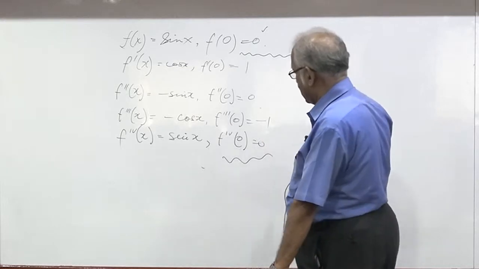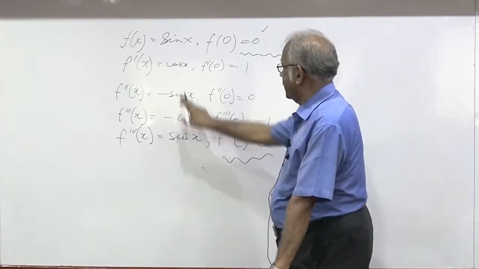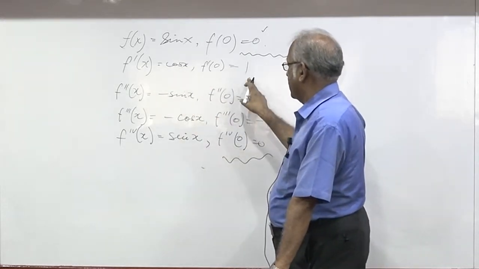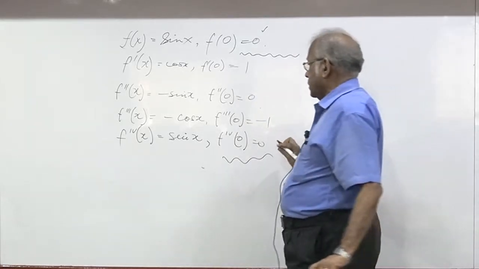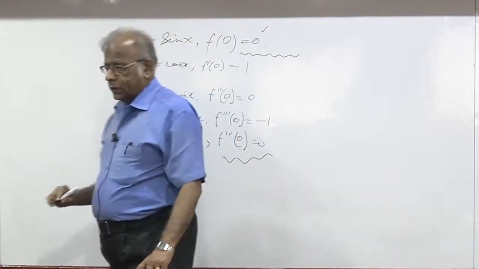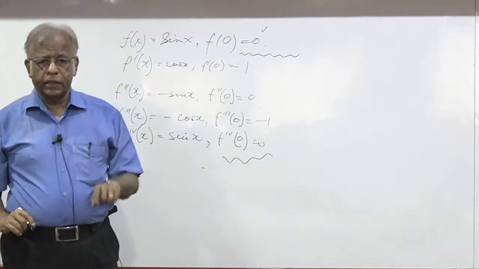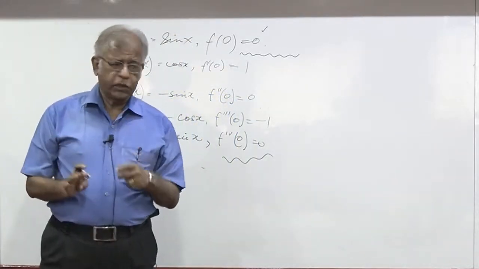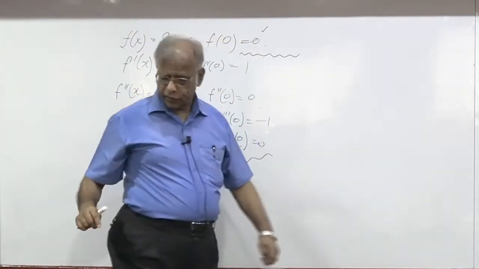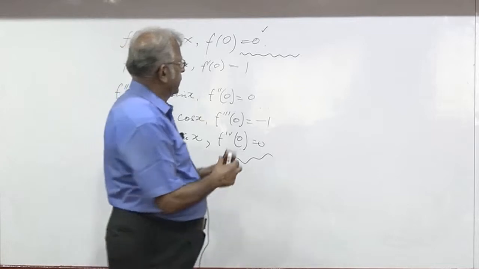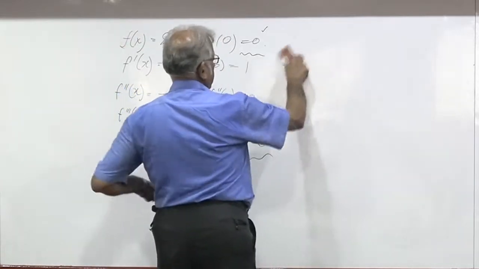So the next derivative will be cos x, and that will have a value of 1. So going by this process, after we apply the Maclaurin series, I will write it down because otherwise it might leave a little bit of confusion in the minds of some of the viewers.